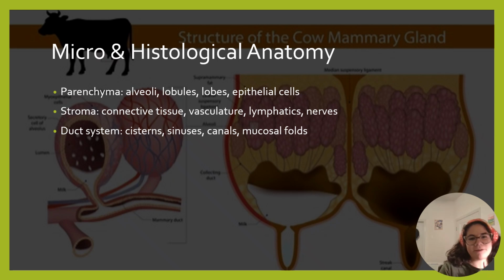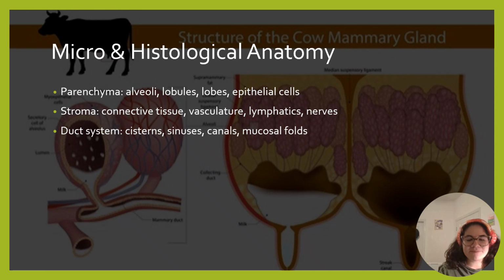On more of the microscopic level, the parenchyma includes the alveoli, lobules, and lobes, where the milk is actually synthesized by the mammary epithelial cells. The stroma provides connective tissue, vasculature, lymphatics, and nerves.